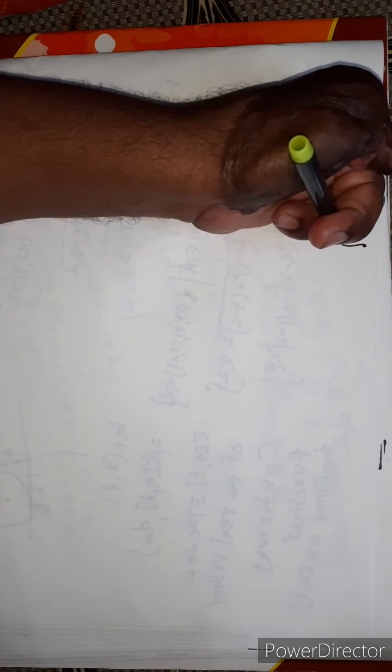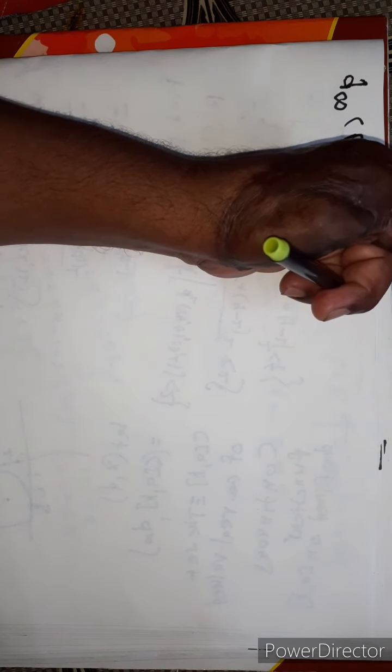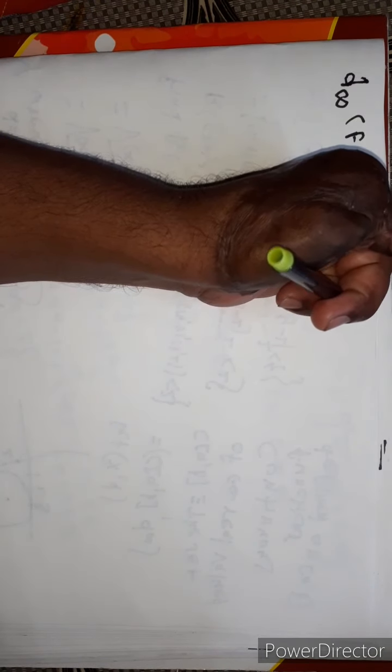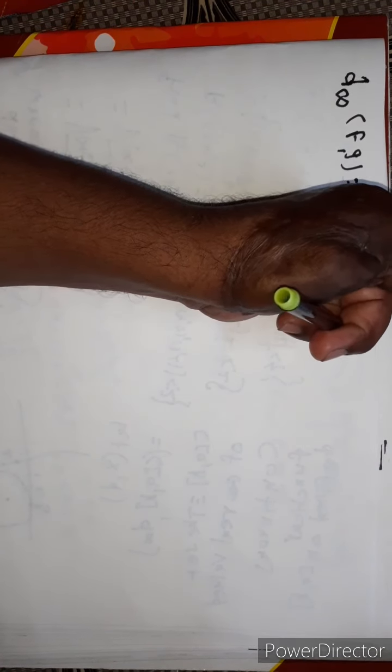15 minutes. Now the d infinity distance of the elements f, g is equal to the supremum of the set of |f(x) minus g(x)| such that x belongs to [a,b].